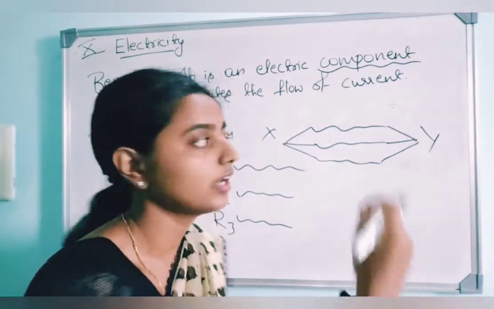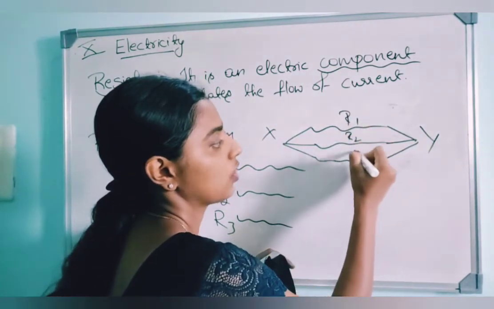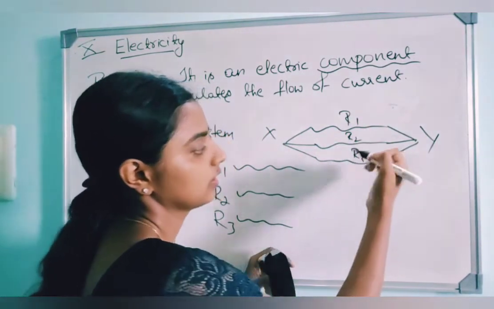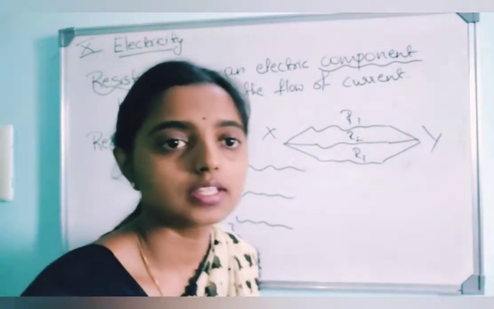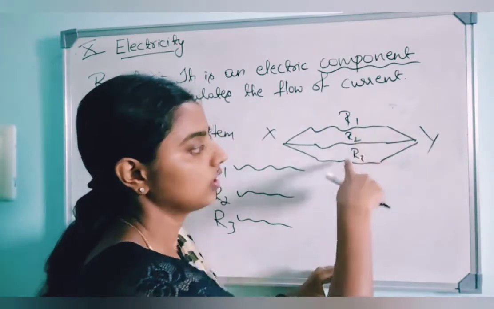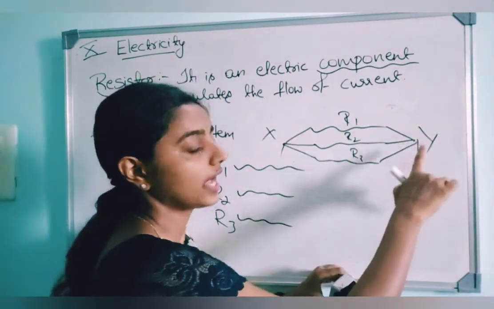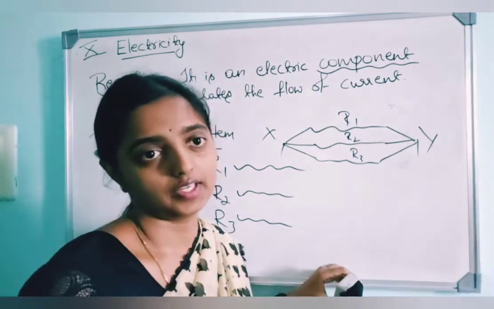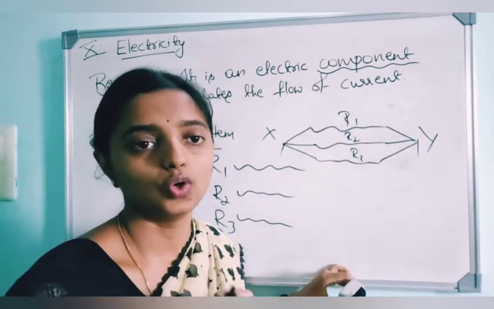They are connected one below another. R1 is connected below R2, R2 is connected below R3. But listen here, all these three wires are connected to the same two terminals. This is what a parallel connection looks like.